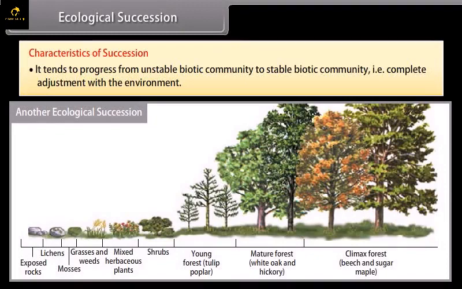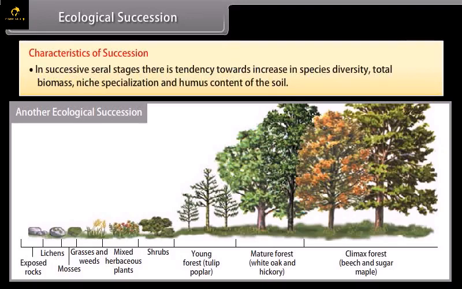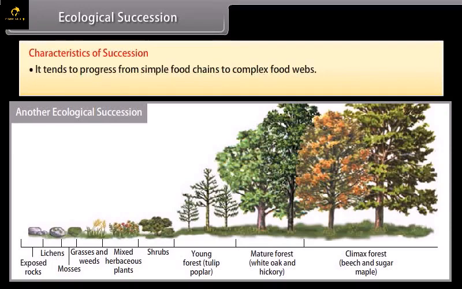It tends to progress from unstable biotic community to a stable biotic community that is in complete adjustment with the environment. Its serial stages are so regular and directional that an ecologist can often predict the sequence of future communities. In successive serial stages, there is tendency towards increase in species diversity, total biomass, specialization, and humus content of the soil.